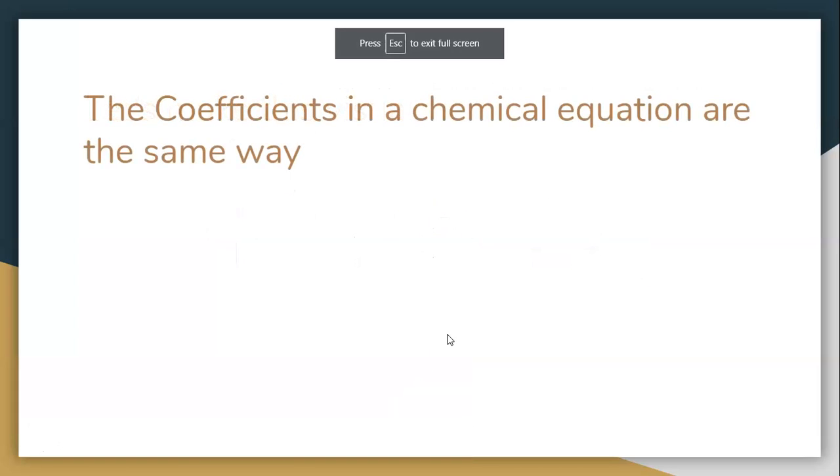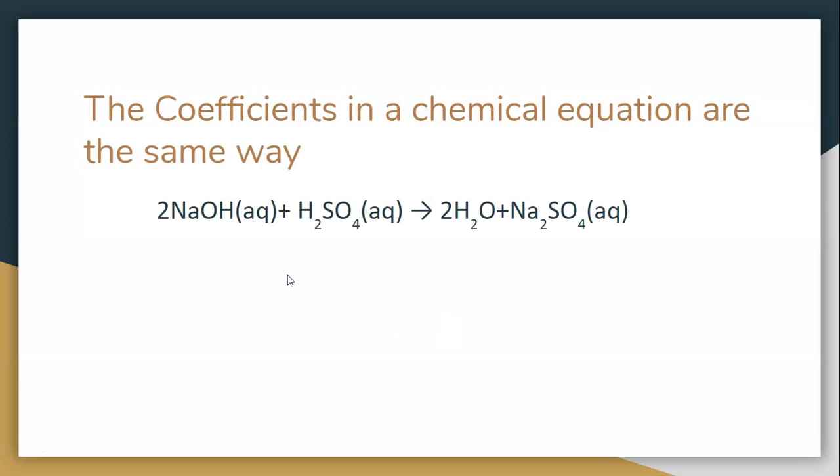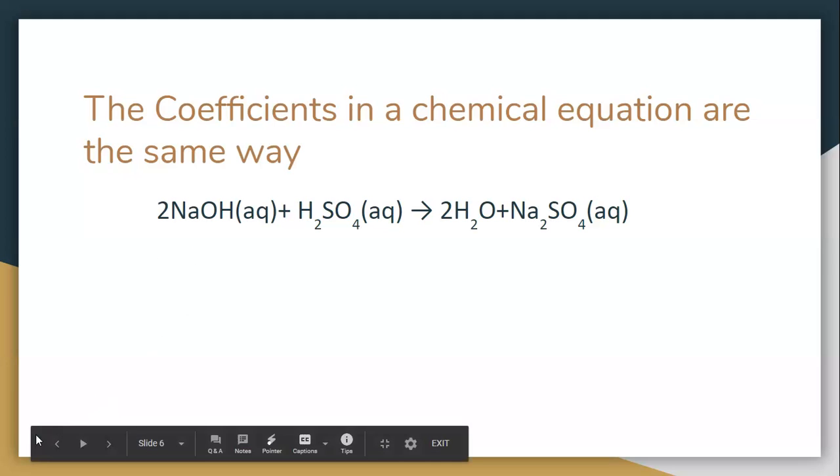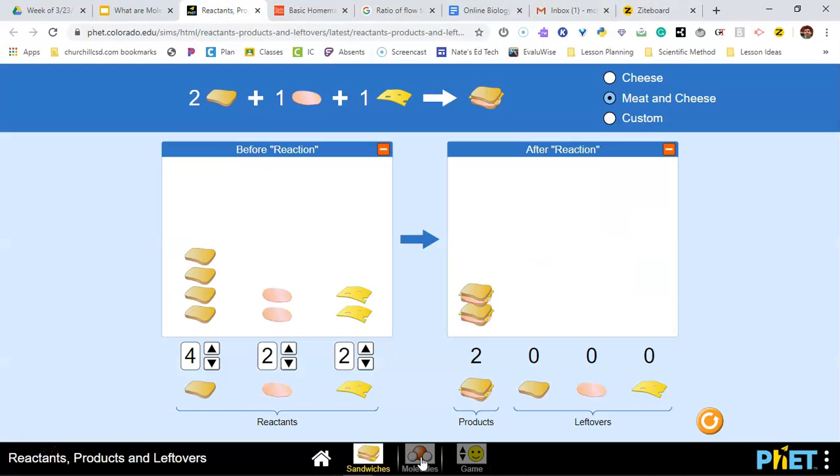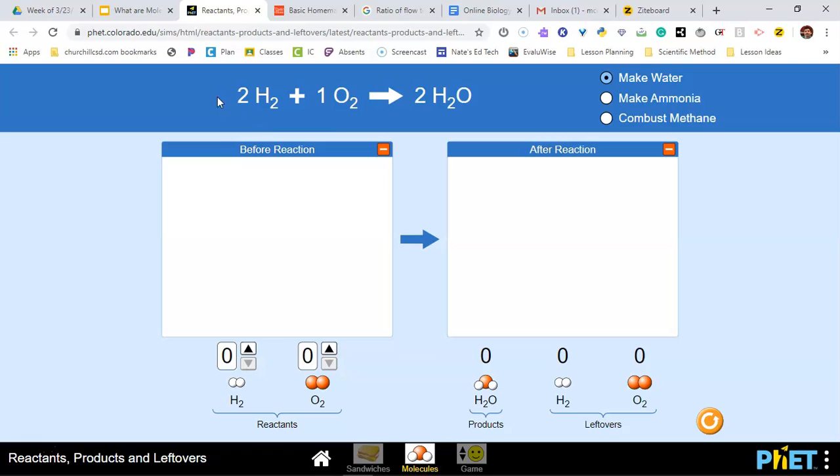So the coefficients in a chemical equation are the same way, right? They have a relationship. So here, actually, let's go back real quick. Go back to our simulation here. I'm going to switch molecules. So you can see here, hydrogen to water, I need 2 H2s for every 1 oxygen.